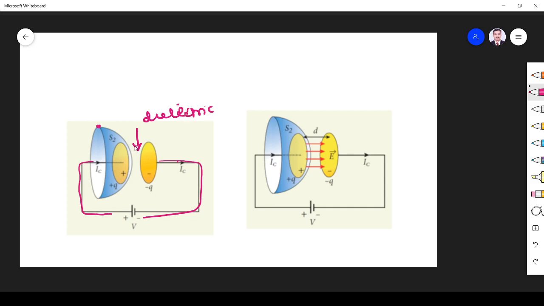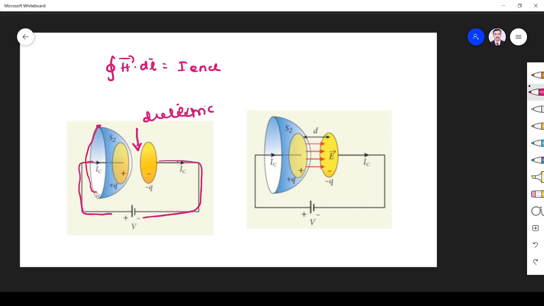So now what is the current? As usual, H dot dl is equal to I enclosed, right? Ampere circuit law bothers only about the boundary of the surface. It is not bothered about the shape of the surface. What is the boundary? This is the boundary.